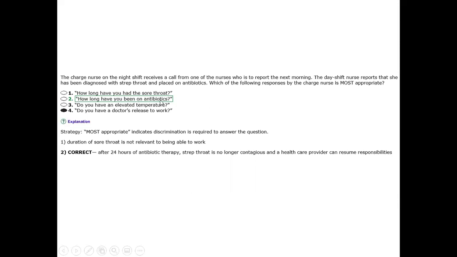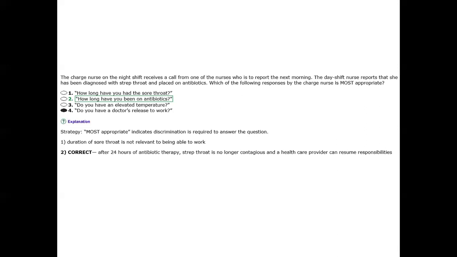If you started the antibiotics more than 24 or 48 hours ago, it means you are safer to start your work. And number 3, do you have an elevated temperature?